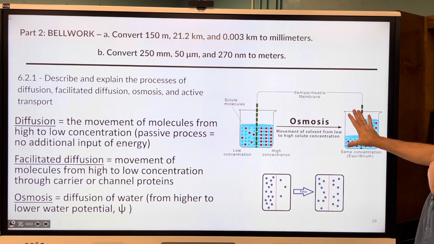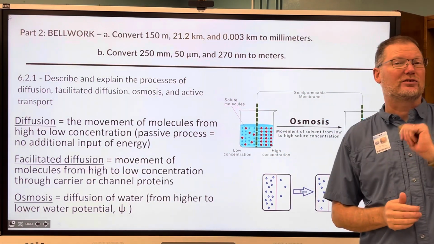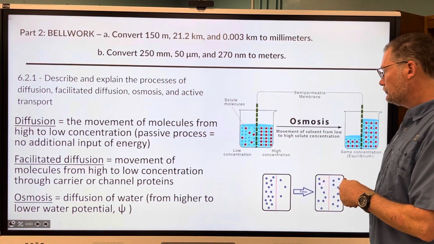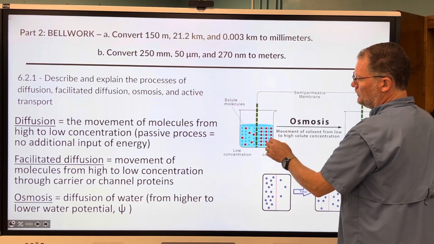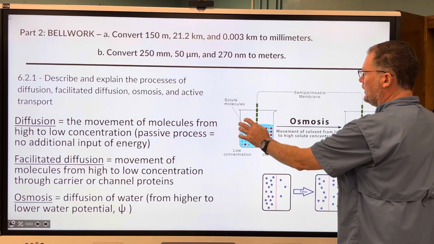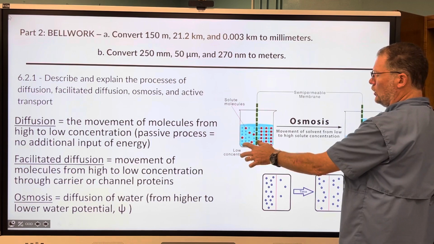So if you look at this diagram here, this semi-permeable membrane, which some of you have under your sinks in your kitchens, you see the salt molecules are red, everything else is blue, water is blue, and you see how there's a difference in concentration, high concentration to low concentration.